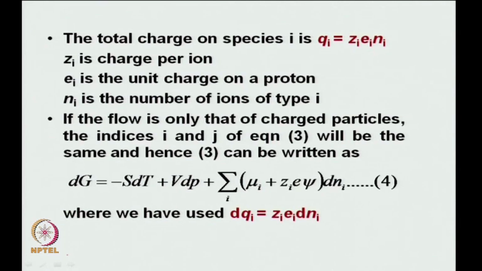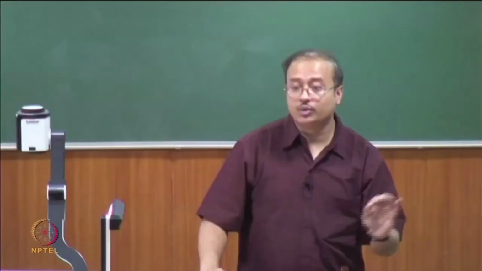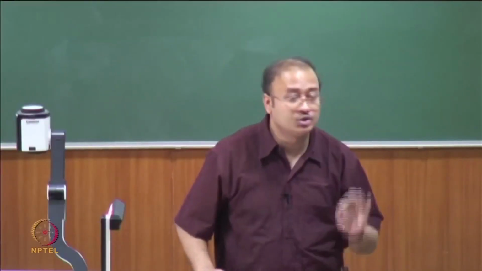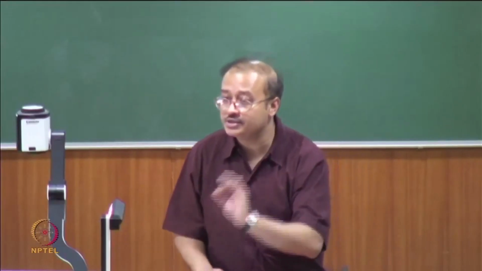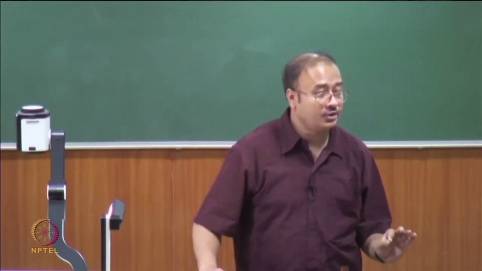I take this and put it in equation 3, and this is what I end up with, which is equation 4. Simple, right? I just added these up, and in doing so I said i was equal to j, because the charged species are the only species getting transferred, right.